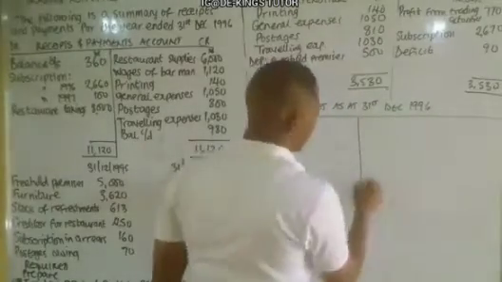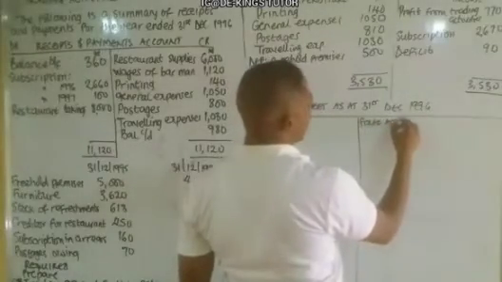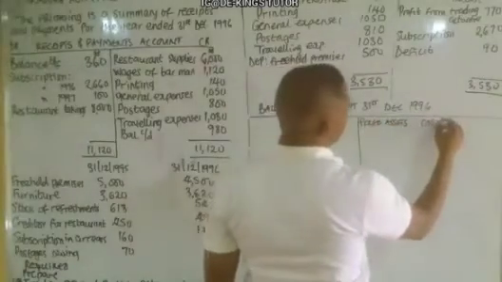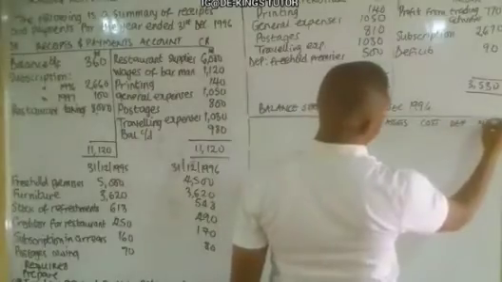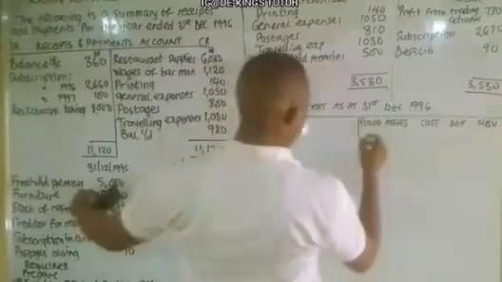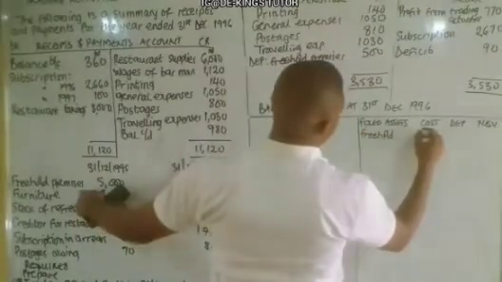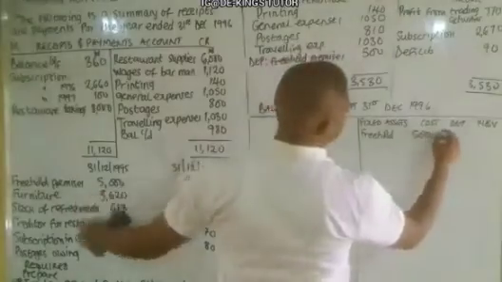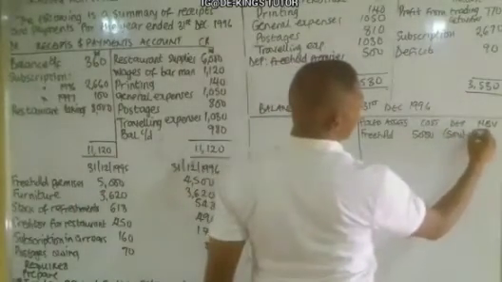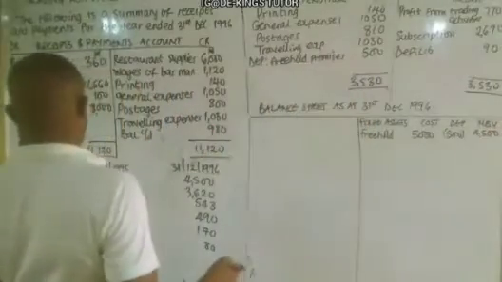So we'll have our fixed asset, we have cost, we have depreciation, we have net book value. So the cost for here, freehold, the cost is 5,000 and depreciation is 500 and net book value is what? 45. Remember that?